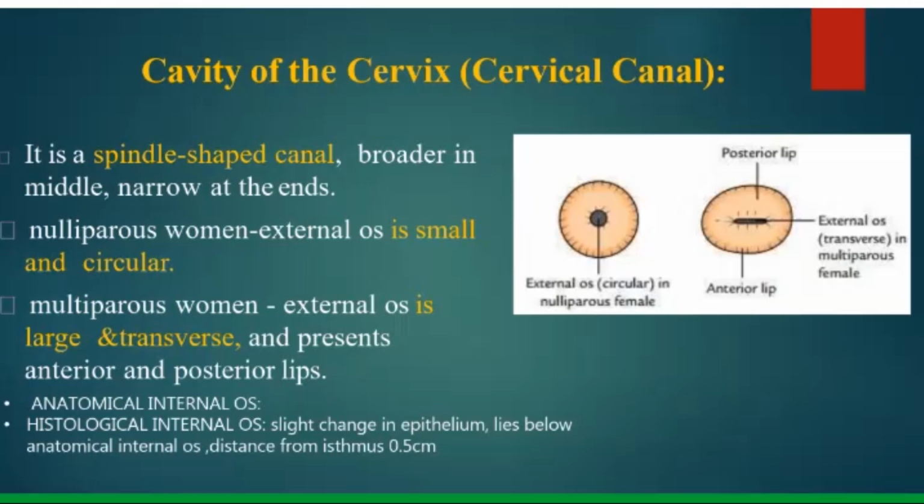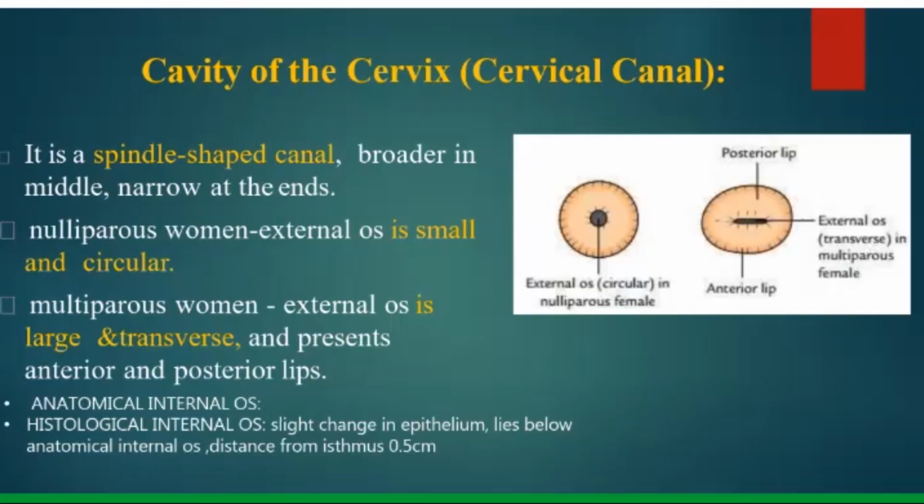In nulliparous women, the external os is small and circular. Due to multiple deliveries or pregnancies, in multiparous women the external os is large and transverse and presents anterior and posterior lips. We can differentiate the anterior and posterior lip.